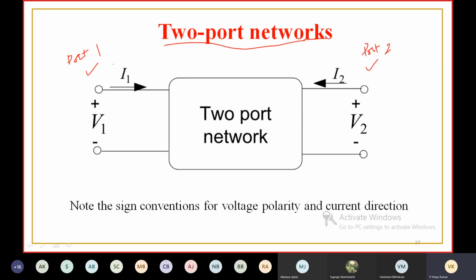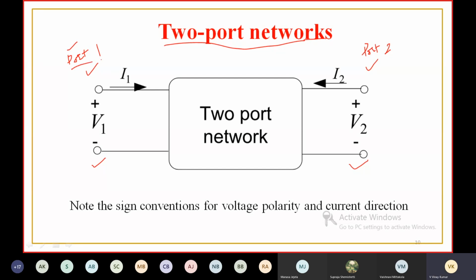Otherwise, if the network is having two pairs of terminals, this is one pair of terminals, this is another pair of terminals. One pair of terminals is nothing but one port. So it is having four terminals, which means two pairs of terminals. If the network is having two pairs of terminals, then the network is called a two-port network.